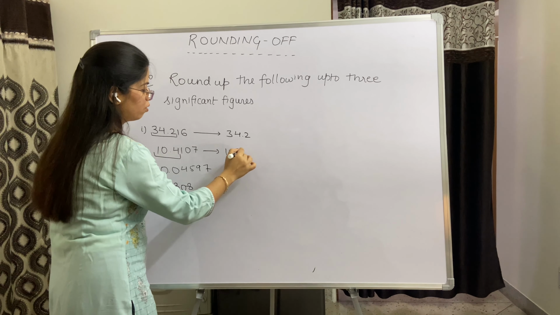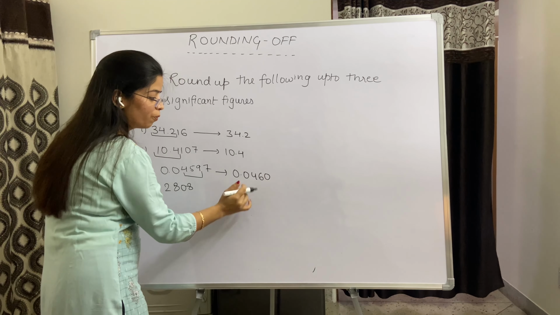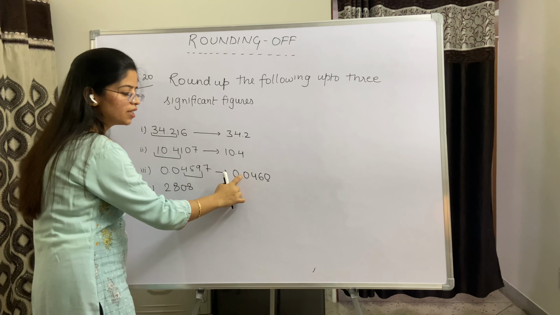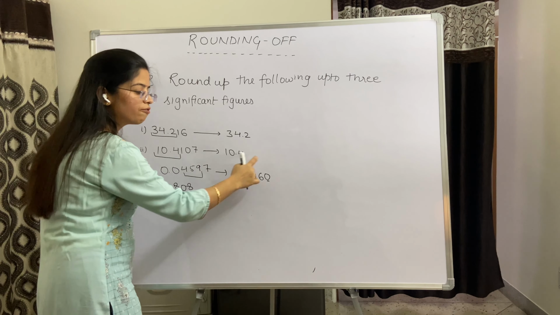So 9, if we are increasing it by 1, it will be 10. So I can write 59 as 60. 0.0460. This 0 is considered as significant because it is present after decimal and after a non-zero digit. So we have rounded off this question to 3 significant figures.